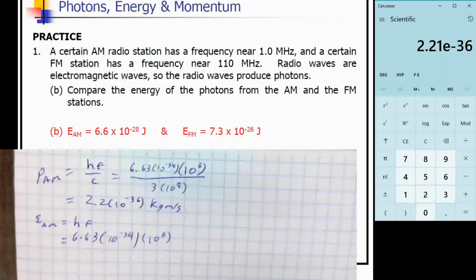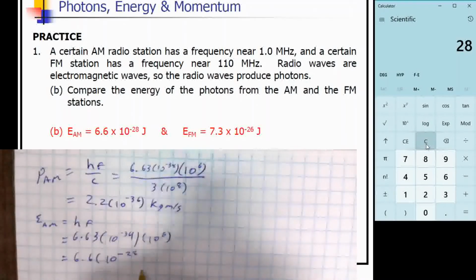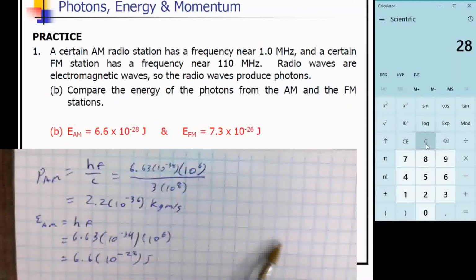So we just multiply those two, 6.63. Really, all we need to do is just find out what's the difference between 34 and 6. I'll have to write it as 6.6 times 10 to the negative 28 joules. Now it's two significant digits because I have a 1.0 megahertz, so there's only two significant digits there.